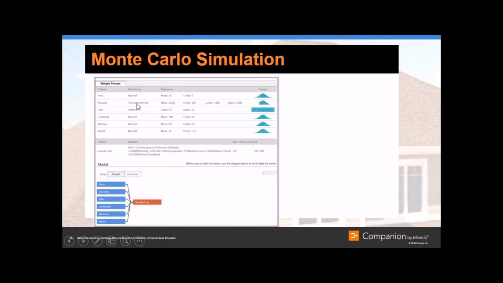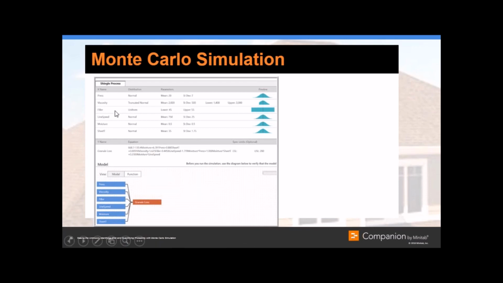In this case, the viscosity follows what's called a truncated normal distribution. The truncated normal distribution is a normal distribution that gets chopped, for whatever reason. Sometimes you cherry pick certain parts of the distribution for different customers, or sometimes it's just the nature of the process in terms of how it works.